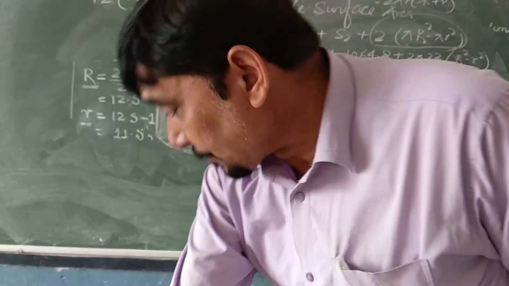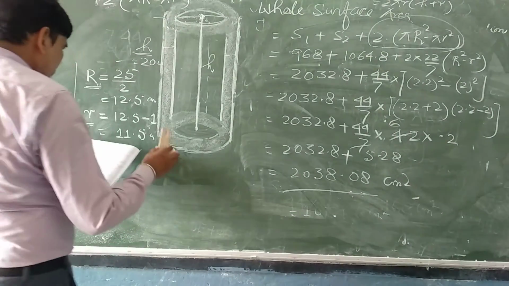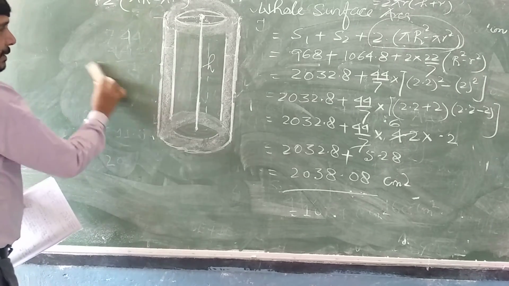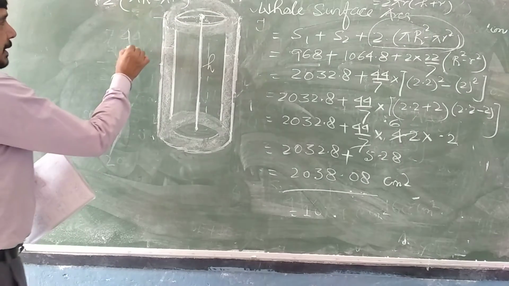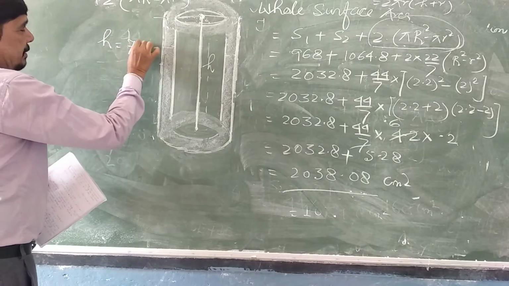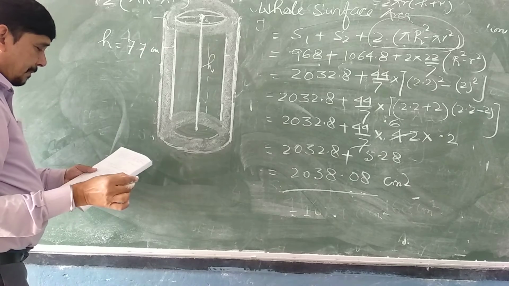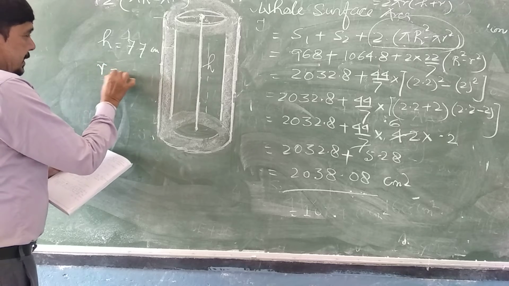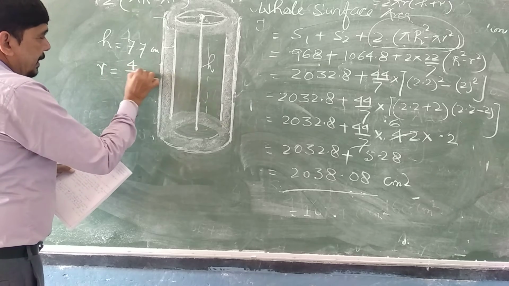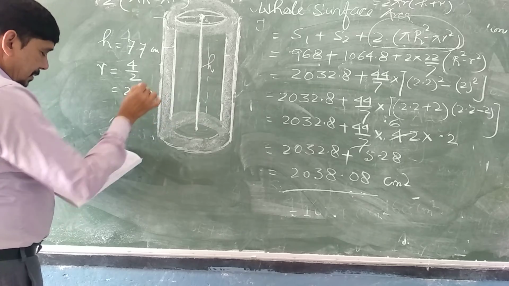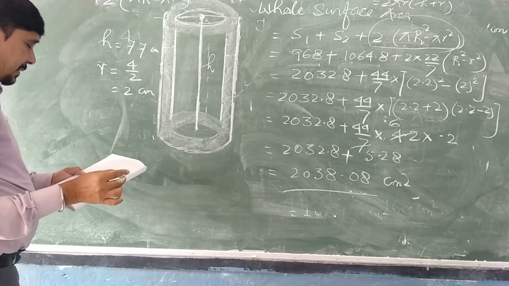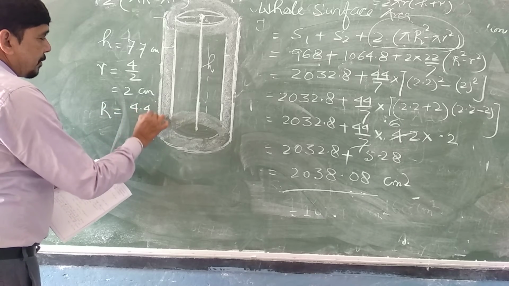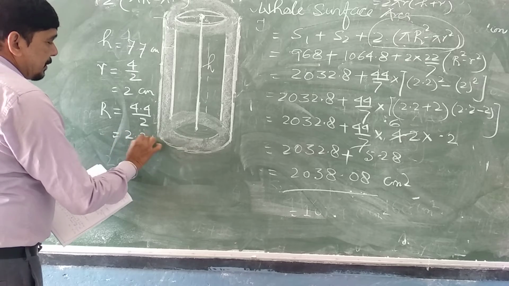So here your height is 77. In this question the height H is 77 centimeter. Inner diameter is 4, so inner radius will be 4 by 2, 2 centimeter, and outer diameter 4.4 centimeter, so outer radius is 4.4 by 2, that is 2.2 centimeter.